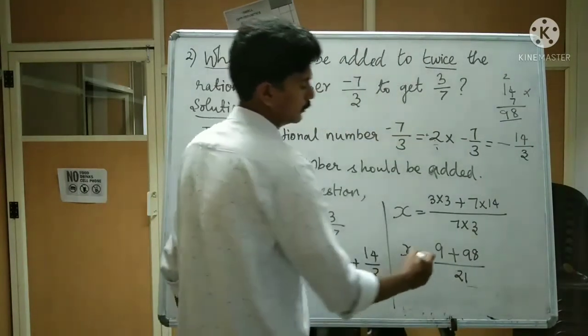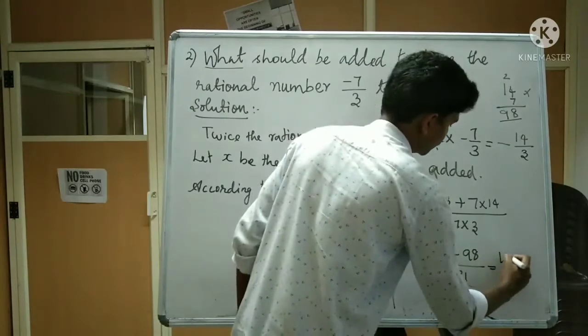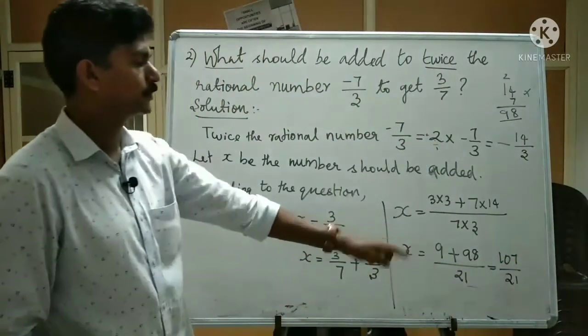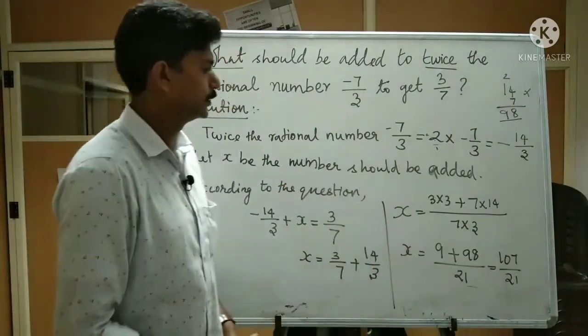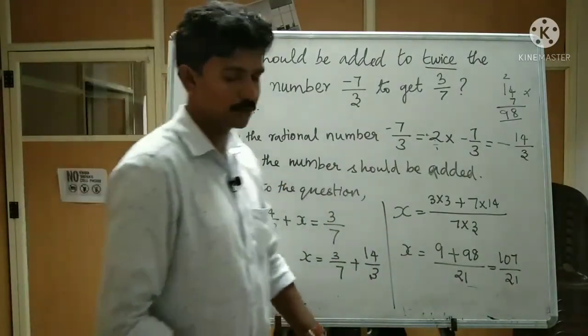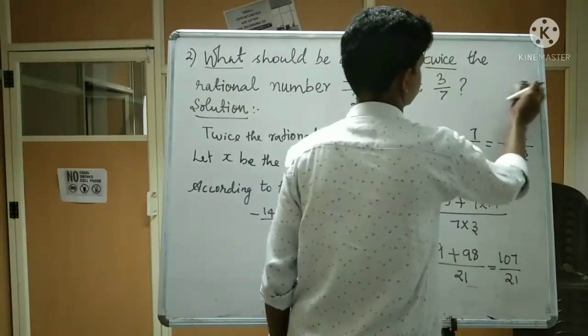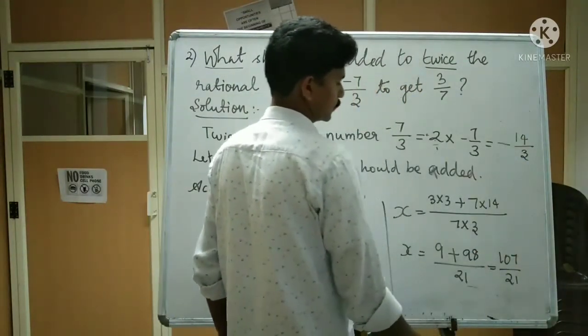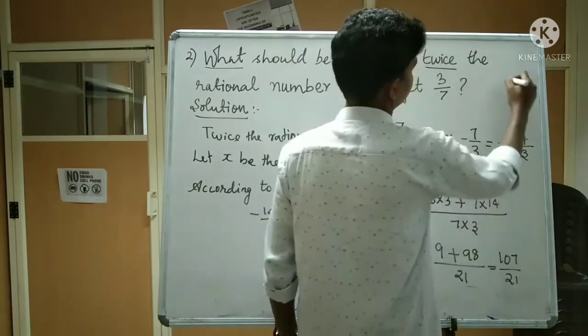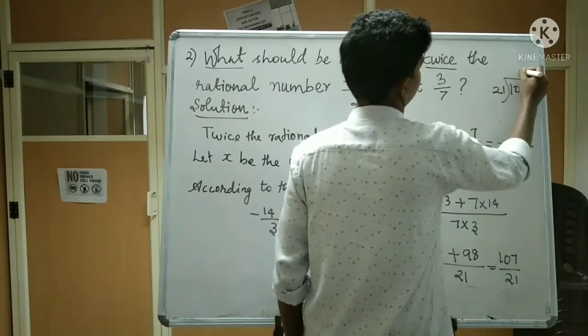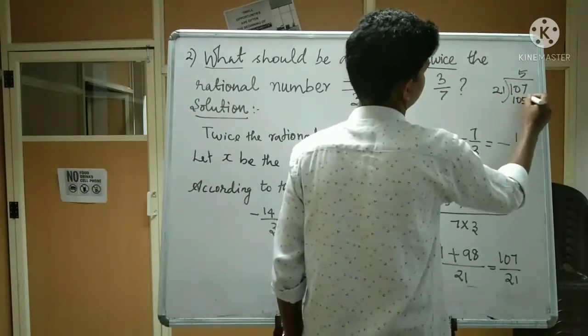So 98 by 21, 3 7s are 21. When we add these two, we get 107/21. This number we can further divide to find the mixed fraction. We can divide 107 by 21. 5 times we get 105.